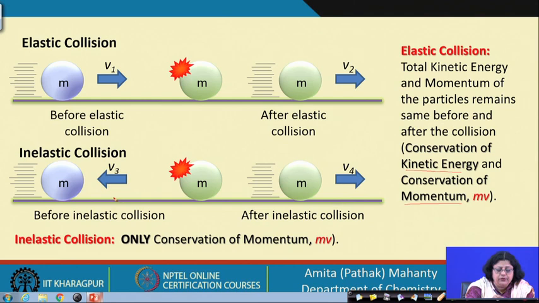For example, when we look into an inelastic collision, it is colliding and it is reverting back in the same direction. The total kinetic energy is not held constant. When we are talking about a particular molecule, the kinetic energy after a collision may not be exactly what it was before.